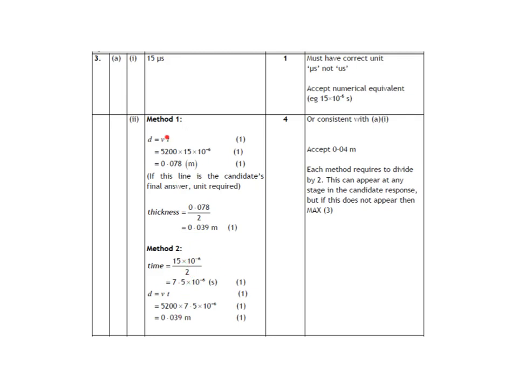But you can do it by working out the total distance travelled, and then half it to get the thickness. And basically it's a standard 3-marker with the 4th mark being for halving either the distance or the time. But also remember, if you got part 1 wrong, we've got this bit here, consistent with part 1. So if you chose 5 microseconds or various other things, then you should be able to get full marks for part 2 by carrying that forward, or even 3 out of 4 marks if you forget to half and so on.